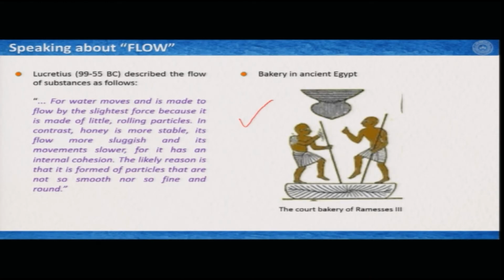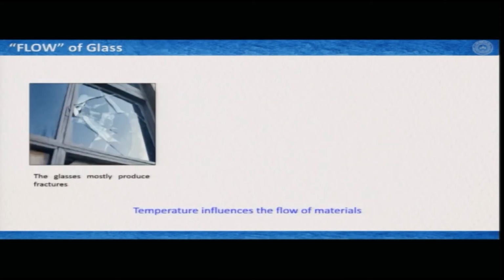What these two people were trying to do here, probably this container has dough, flour and water, and they are trying to press or roll it with their feet, and these two little rods are there to check the consistency of the flour. By experience, probably they know when the consistency is right, and then they send it to the next stage. So, the study of rheology is very old, and we have used it for a pretty long time.